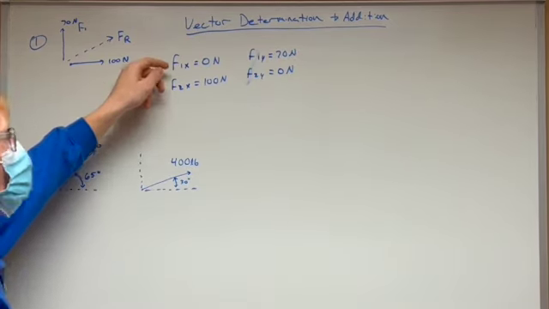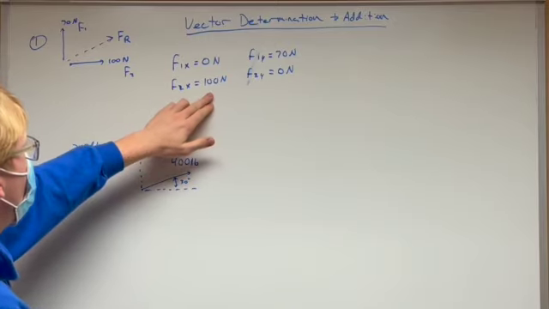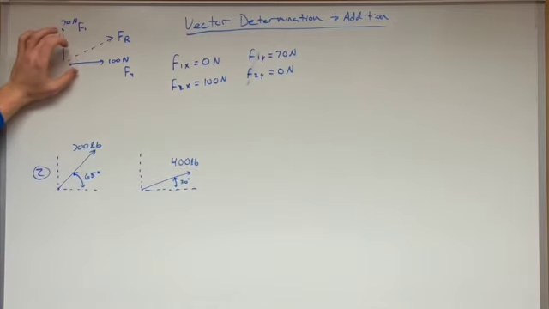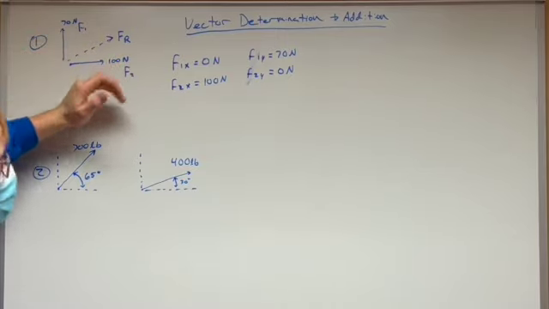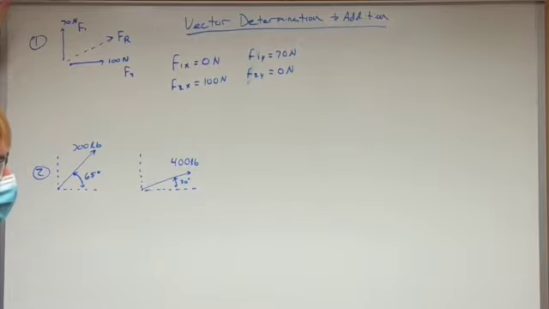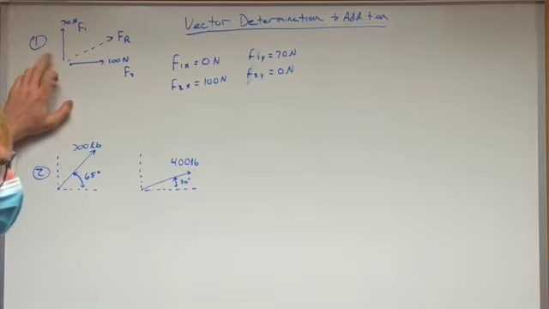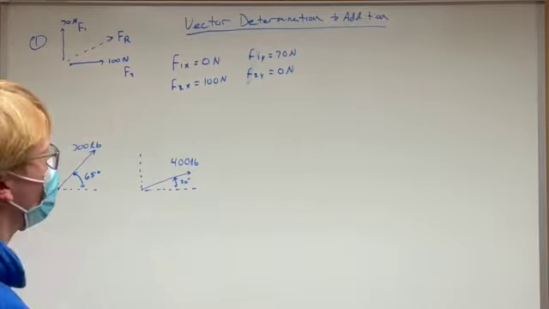So as you can see, this one's a lot easier because you don't have to consider angles at all. You can just see that this is 70 newtons to the positive y and 100 newtons to the positive x.